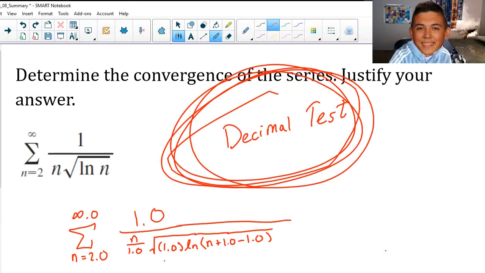Okay, so now that we have decimals here, we can finally understand what we're looking at. Right? This is much easier to do.